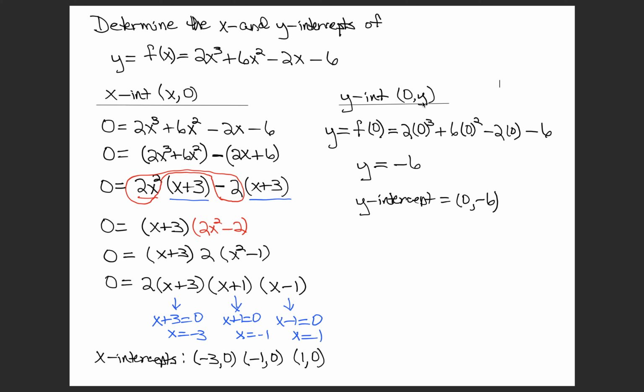As for the y-intercept, again, we're looking at solving for y as x is set to 0. And if you notice in the polynomial, the first three expressions are going to become negligible since we're setting x to 0. And then at the end, we had the constant negative 6, which is going to remain. And so we have the y-intercept at y equals negative 6, and thus our y-intercept is at 0, negative 6.